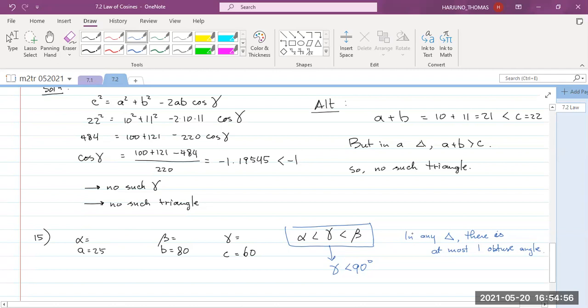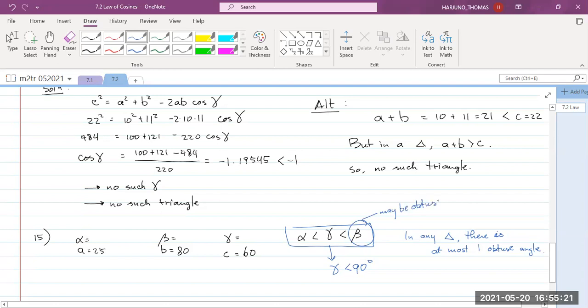Okay, so from this triangle here, if you observe, if any angle is obtuse, it will be angle beta. Agree? If any obtuse angle, it must be angle beta. May be obtuse.